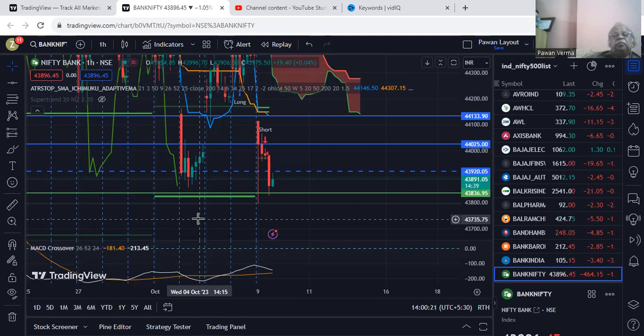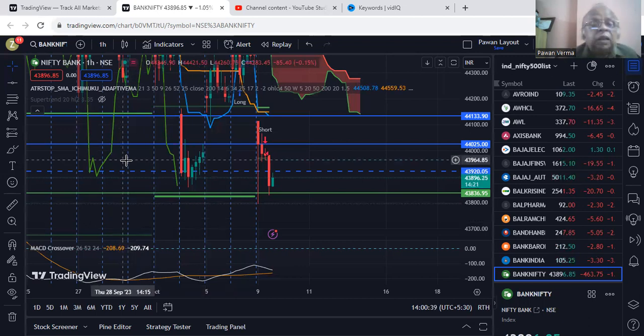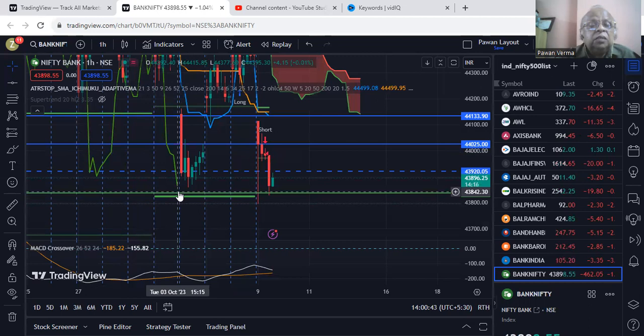Whereas if we analyze the overall Bank Nifty with respect to the ETBT trading system, what we are seeing is that the Chikou span is just below the price.